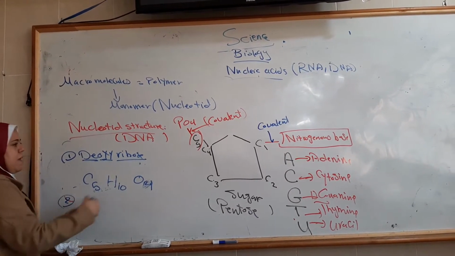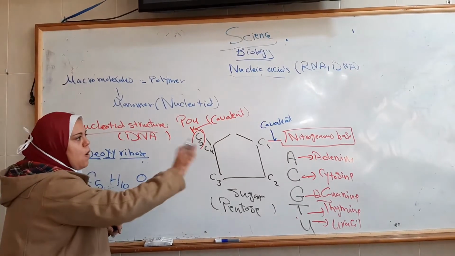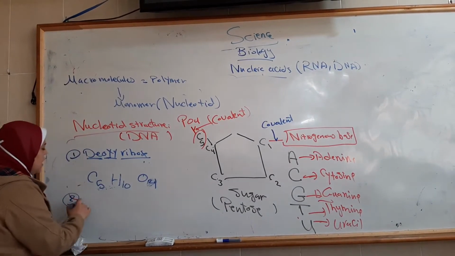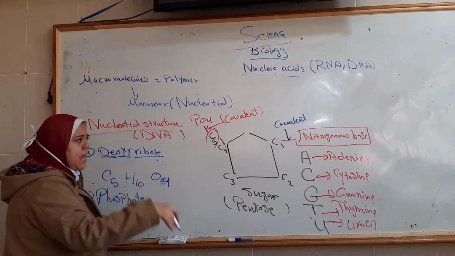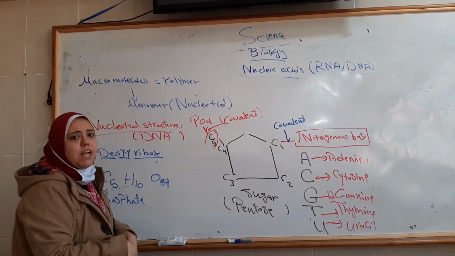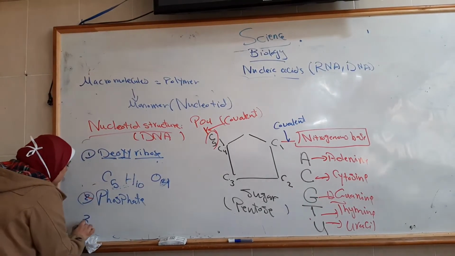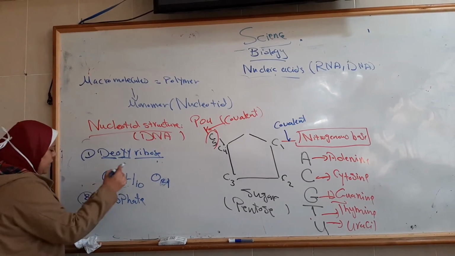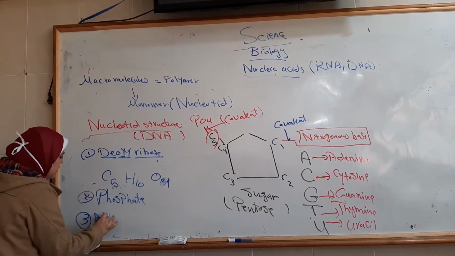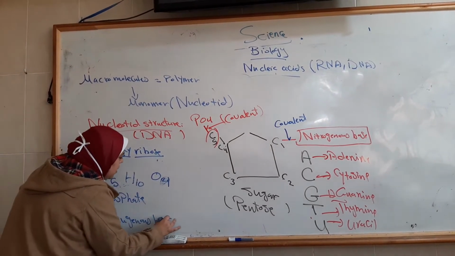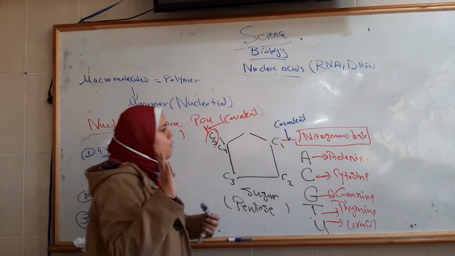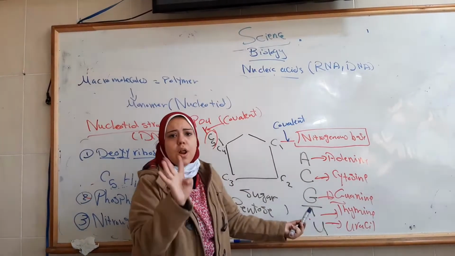Number 2 is the same and constant in both nucleotides. What? The phosphate group is the same in both types of nucleotides. The last one, number 3, the nitrogenous base. In DNA, the nitrogenous bases are 4 of 5.